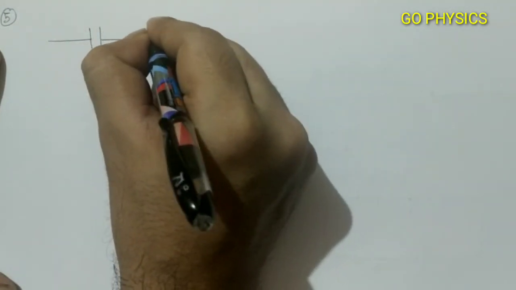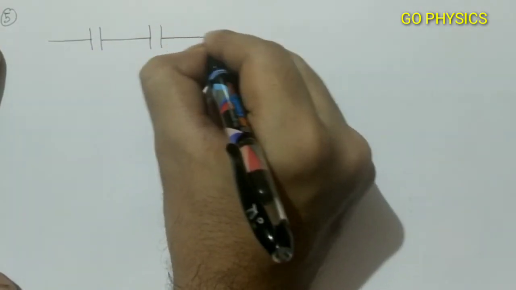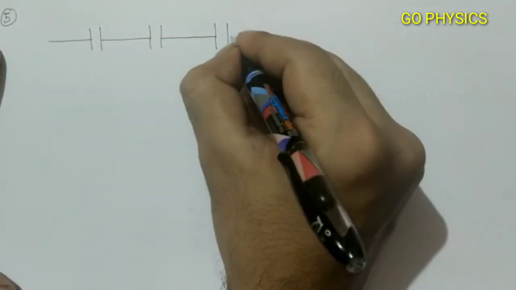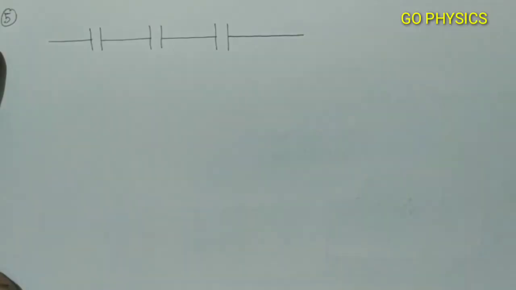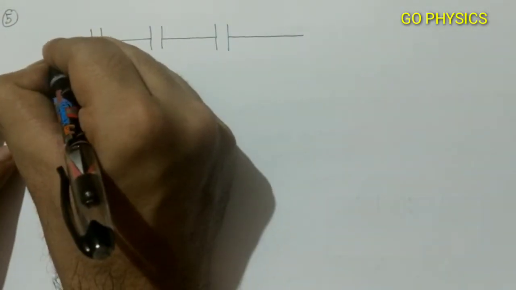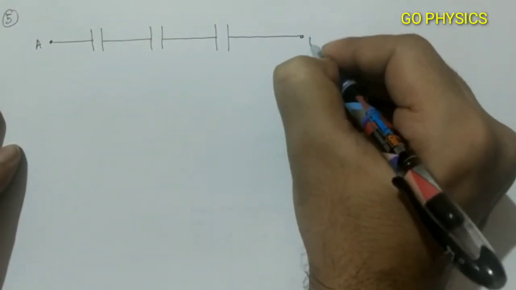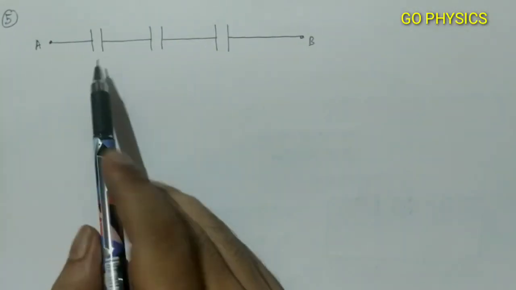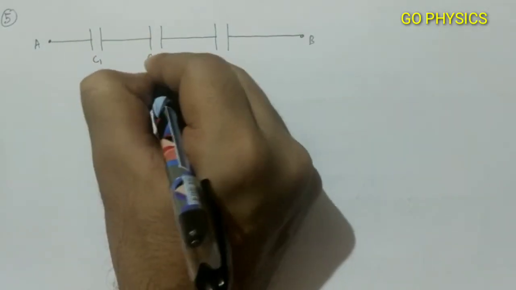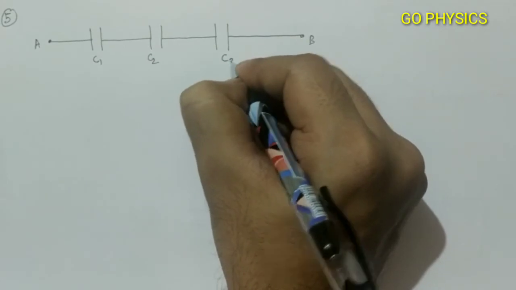Let us consider we have 3 capacitors. This end is A and this end is B. Right now C1, C2, C3 are in series.